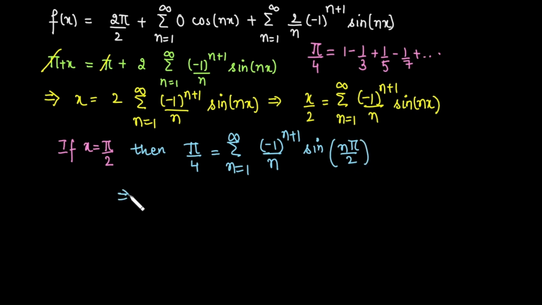This is equal to pi by 4, which is equal to, expand the series, put n is equal to 1. We have minus 1 raised to power 1 plus 1 is 2, divided by 1, sine of 1 pi by 2, that is simply pi by 2, plus, put n is equal to 2.